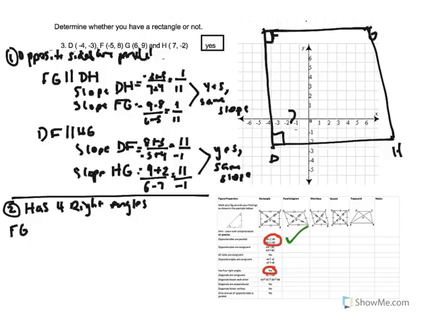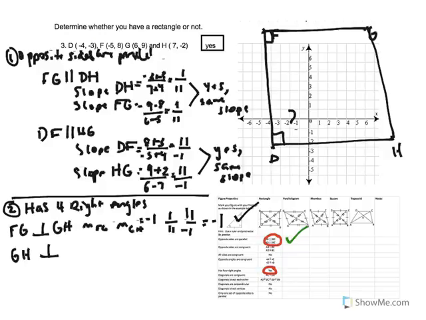So FG is perpendicular to GH if the slope of FG times the slope of GH equals negative 1. And we have 1 over 11 times the slope of GH, which is 11 over negative 1, and that equals negative 1. Okay, those two lines are perpendicular.